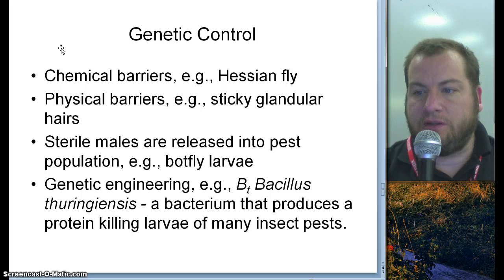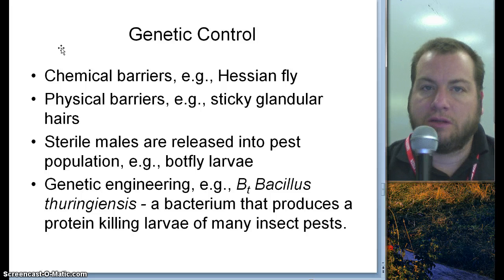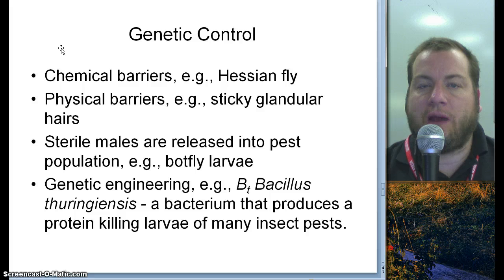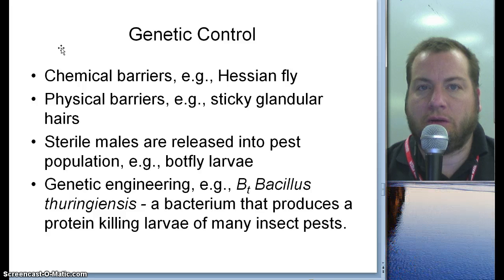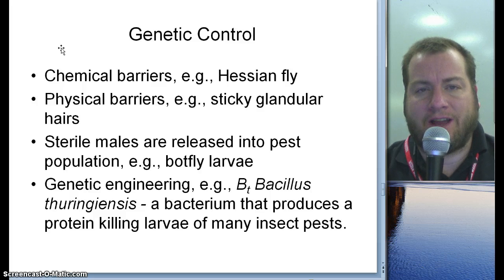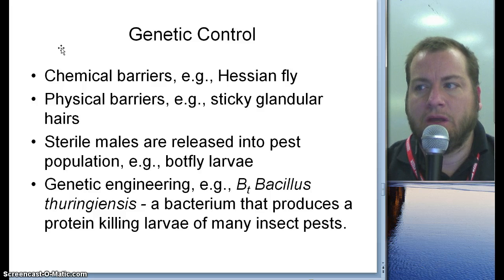Let's talk about herbicide resistance for a little bit. Some plants, just by chance, have genes that make them more resistant to herbicides than other plants. It's just part of genetic variation and natural selection, although it's not so natural here.